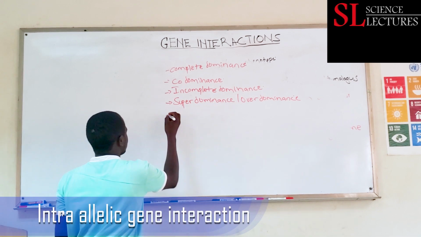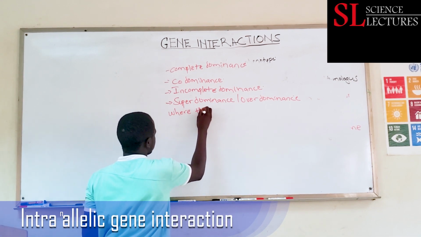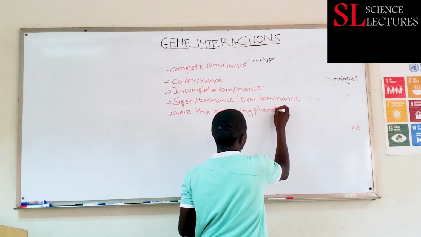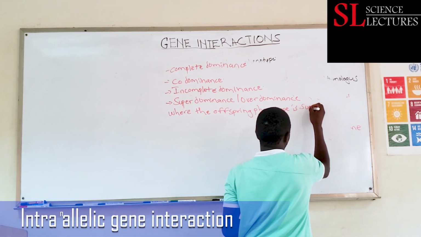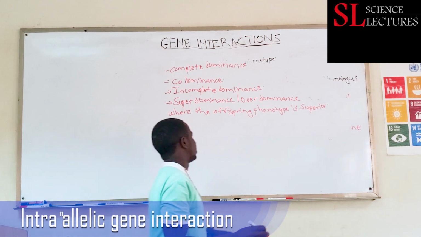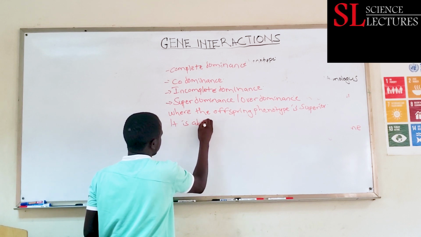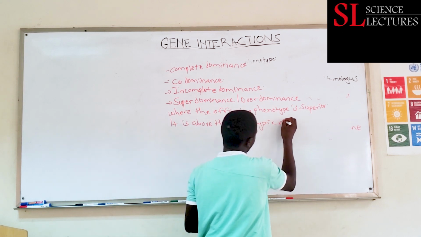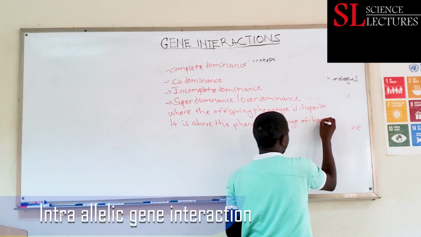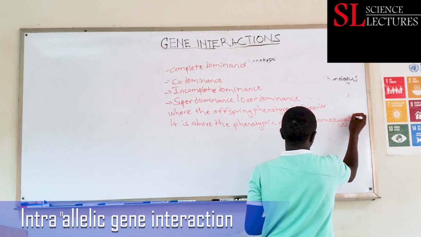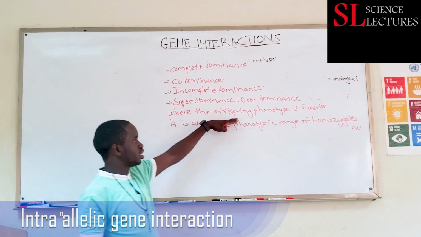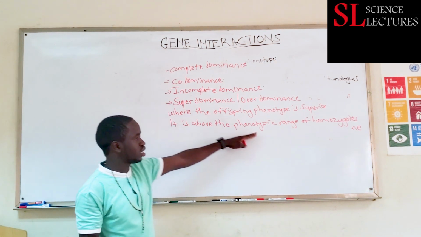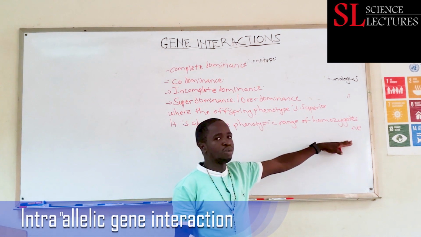Superdominance or overdominance is a condition where the offspring phenotype is superior to both parents, or where the phenotypic range of the offspring is above that of the homozygotes.